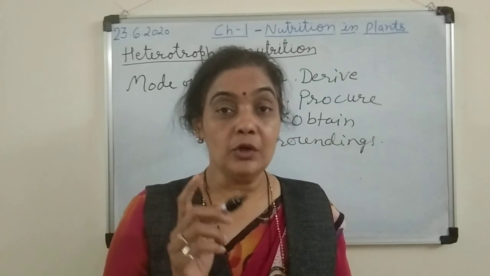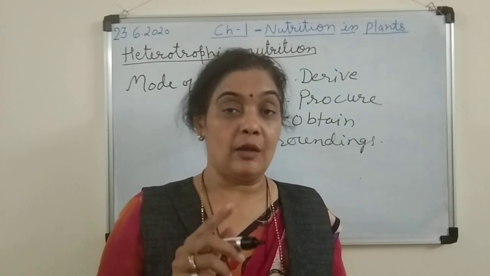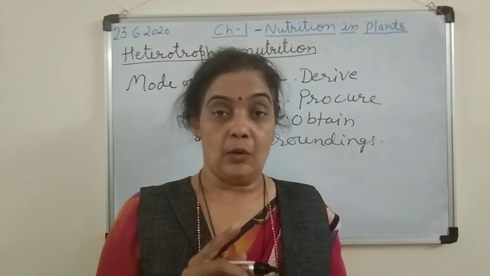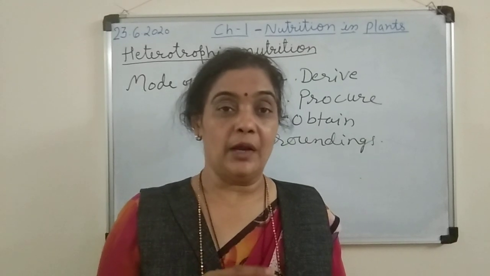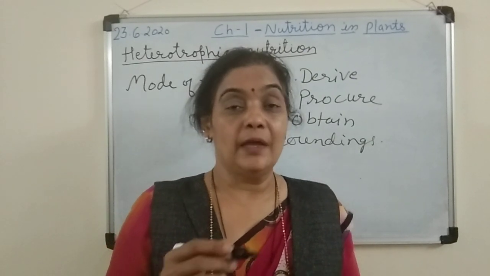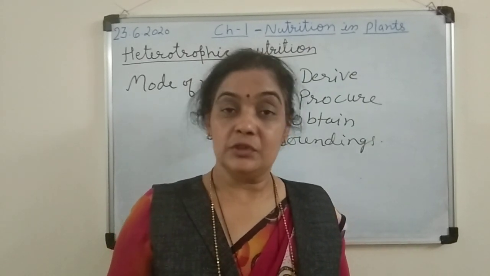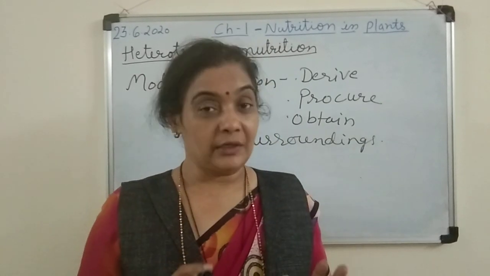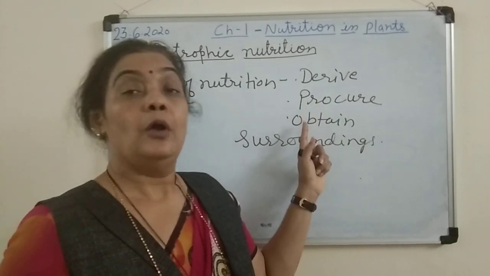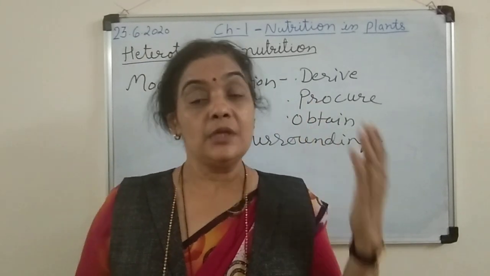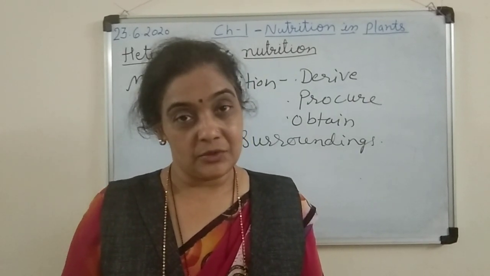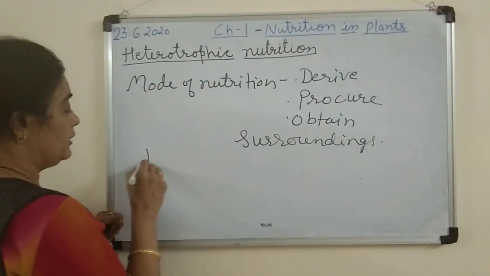Because they cannot manufacture their food by taking inorganic substances from the surrounding, unlike autotrophic plants, because they do not have chlorophyll pigment that is responsible for photosynthesis. So they cannot manufacture food on their own. Hence, they derive, procure, obtain nutrition from the surrounding, and they are called heterotrophic organisms, or heterotrophs.